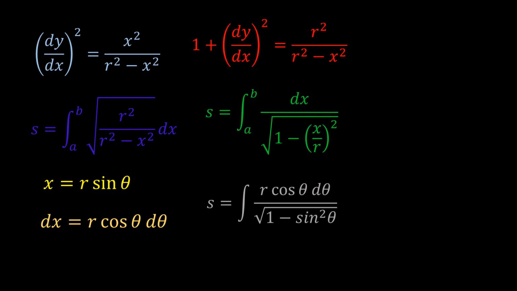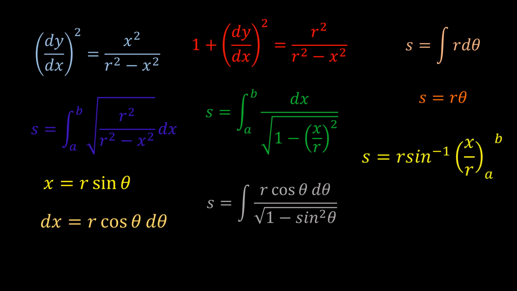Using the trigonometric identity 1 minus sin squared theta equal to cos squared theta, this yields s equal to the integral of r d theta, and this simply gives r times theta. But from the identity we used, theta is equal to the sine inverse of x over r. So s is equal to this, including the limits of integration.